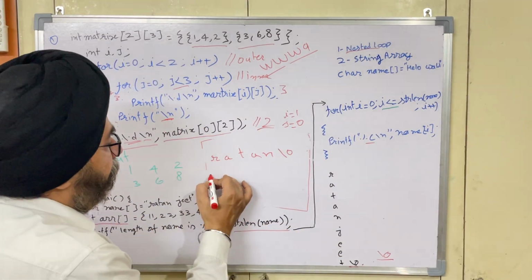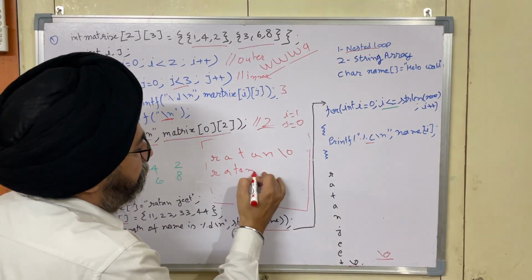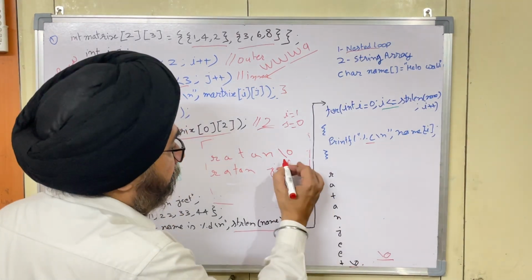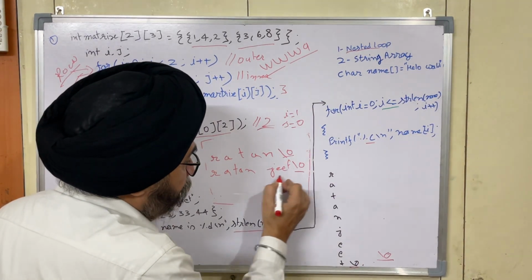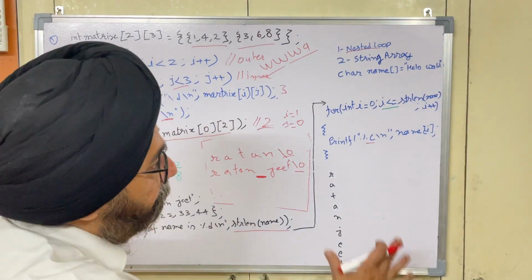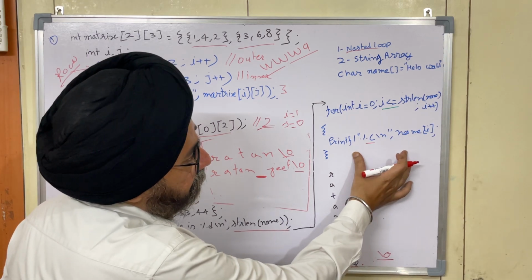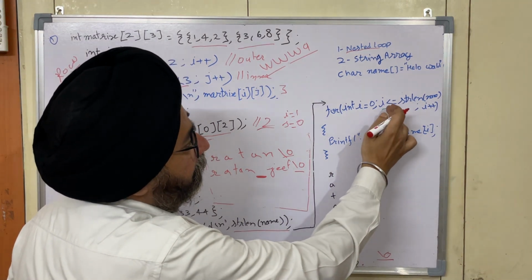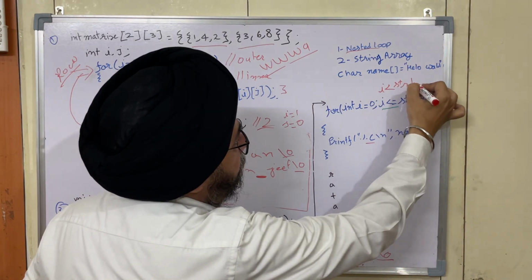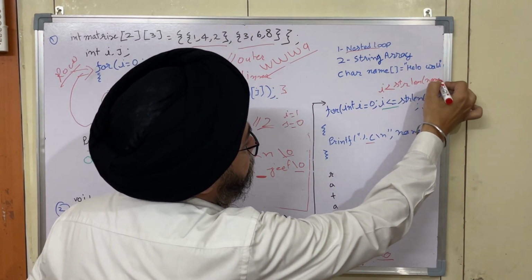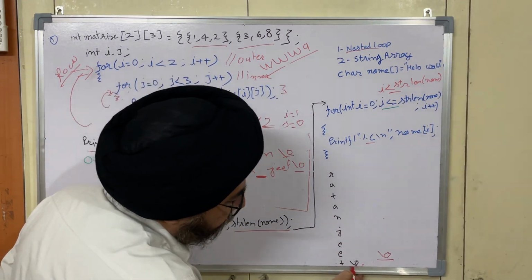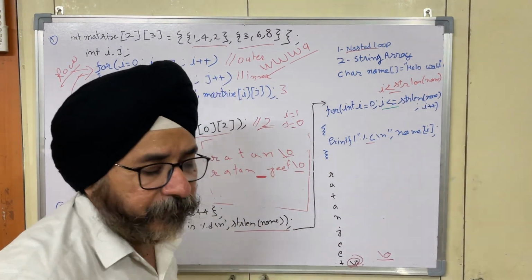But if we are talking about Ratan space Jeet, then the null termination character comes last, not here. It works as a space. That is why I am telling that for this condition it works. And if we are using i less than strlen(name), it works up to here only. Ratan Jeet does not give the null termination character.